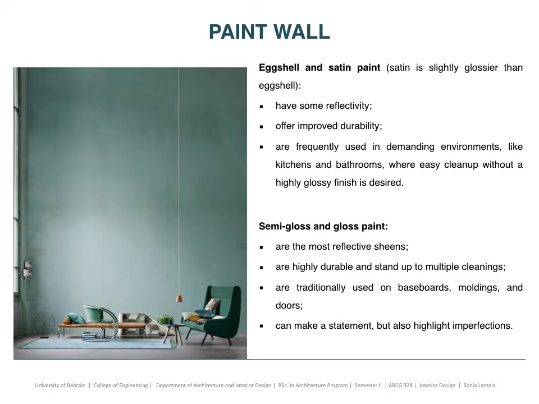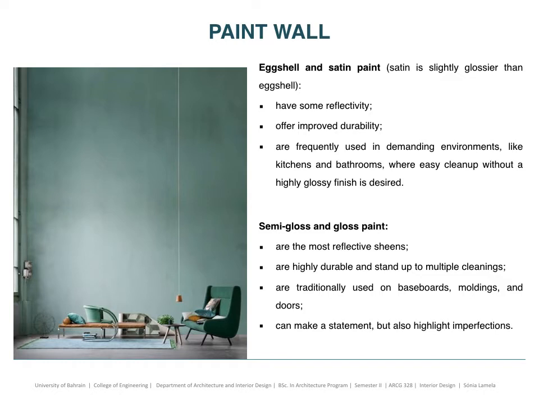It also offers a little more durability compared to matte painting, and it's frequently used in environments like kitchens and bathrooms because it's a little easier to clean up, given the glossier finish. And then we have the semi-gloss and gloss paint, which are the most reflective sheens.